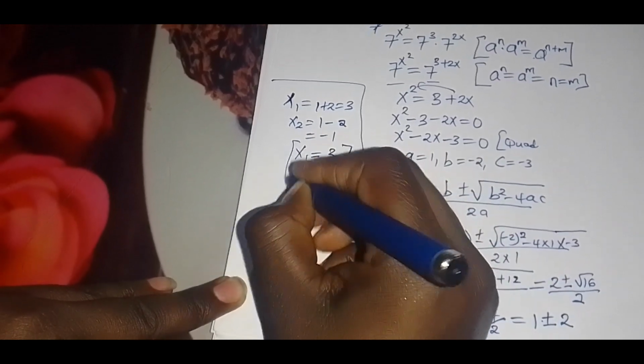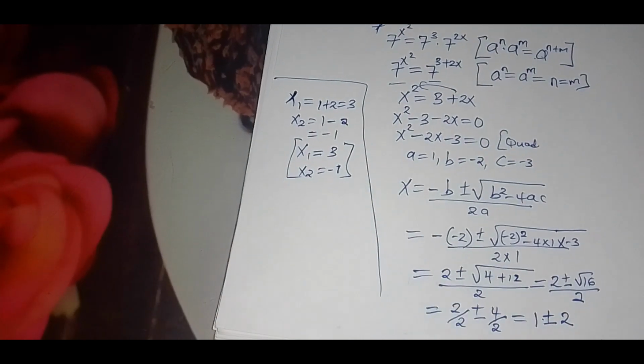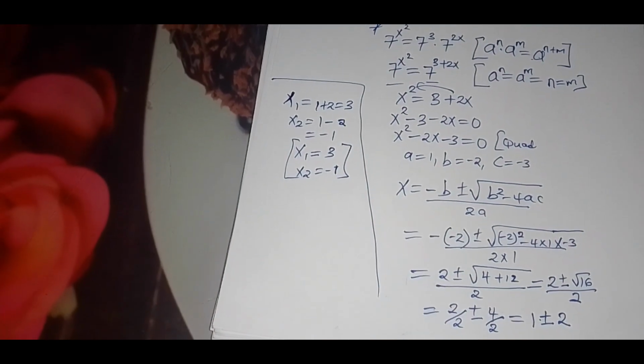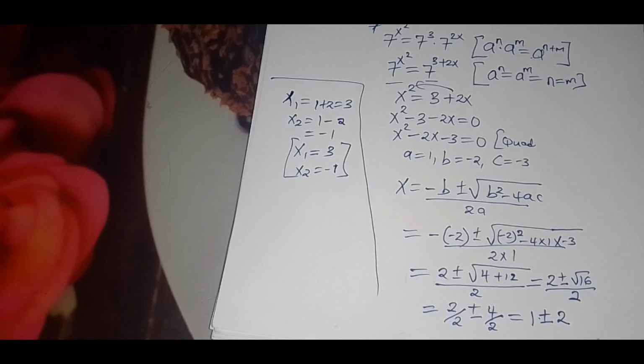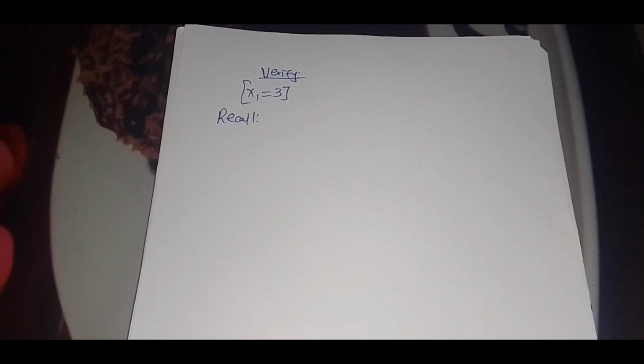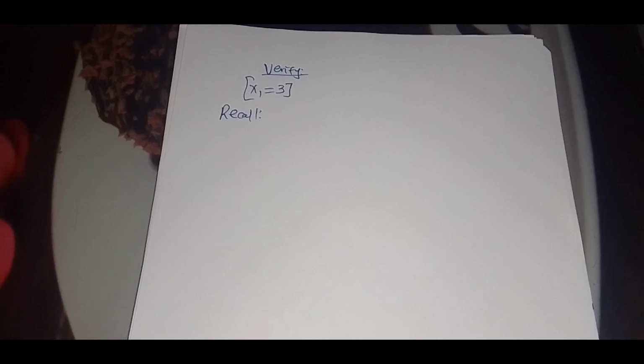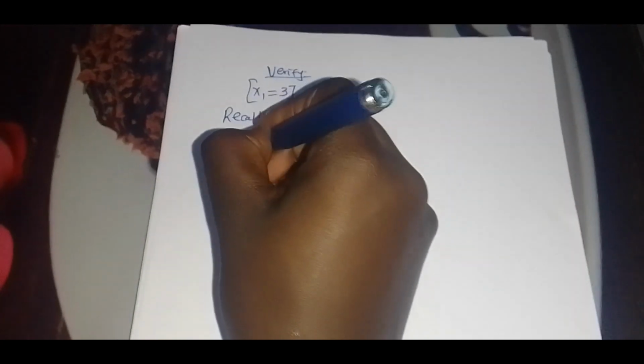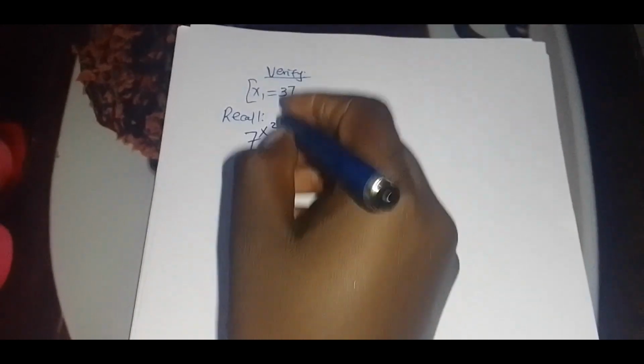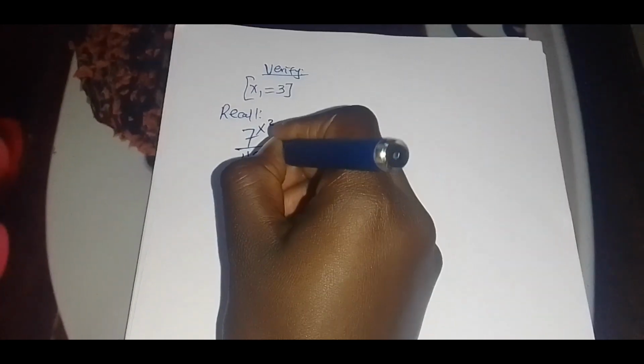Okay, so let's check if these two values of x satisfy the equation. By the first value of x, which is 3, if 3 satisfies the equation. So now if you recall, we have 7 raised to the power x squared divided by 49 raised to the power x.